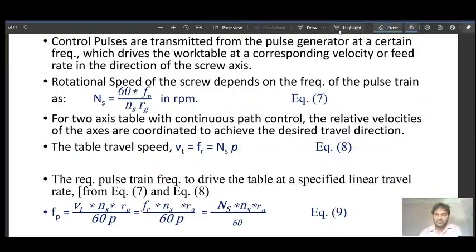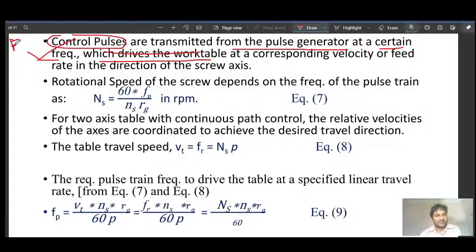as you can see, control pulses are transmitted from the pulse generator at a certain frequency, which drives the work table. Here, first we have got the PLC pulses and then control pulse through the controller.